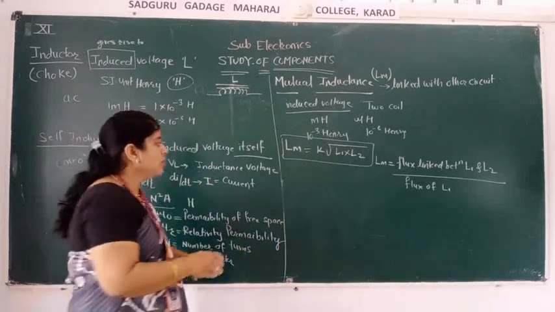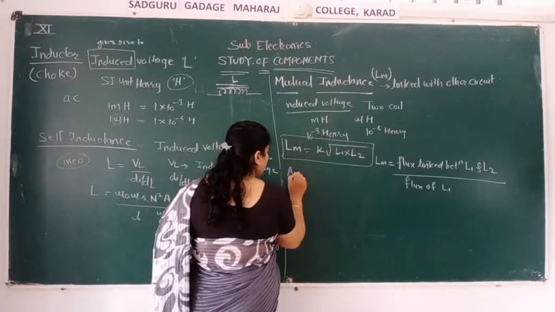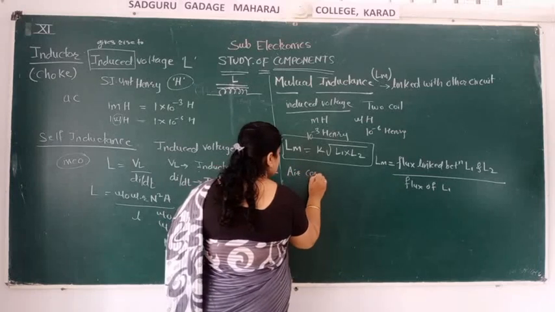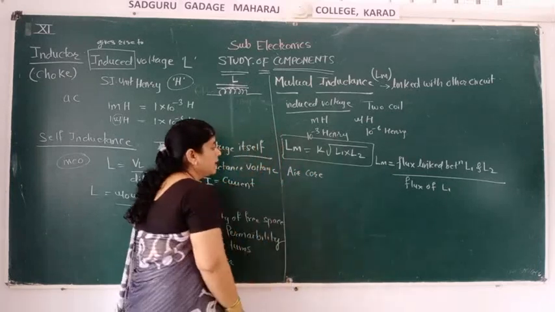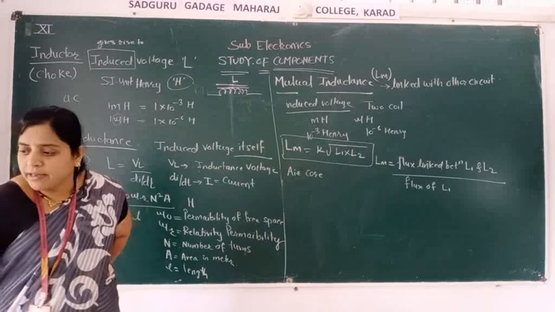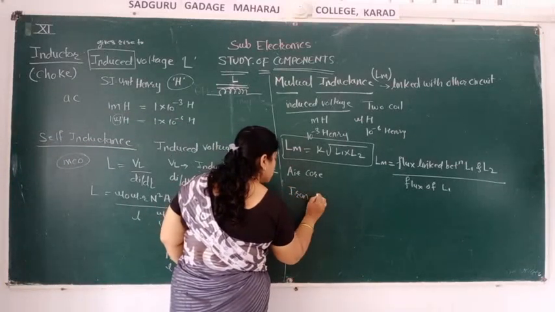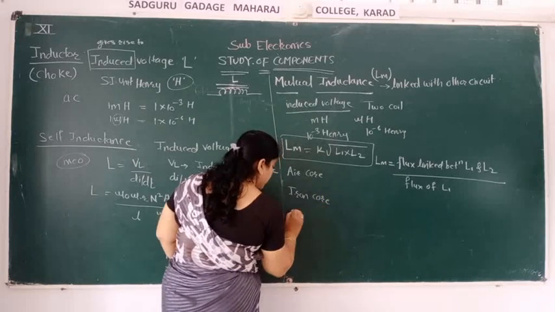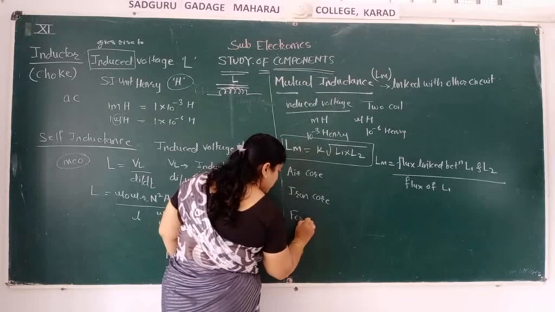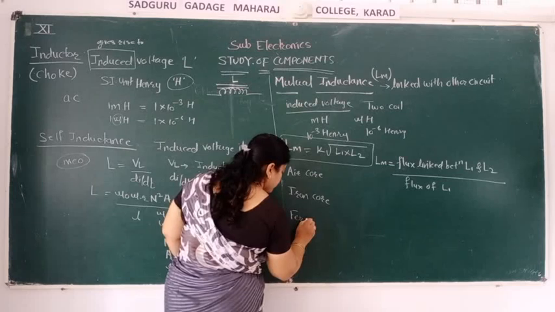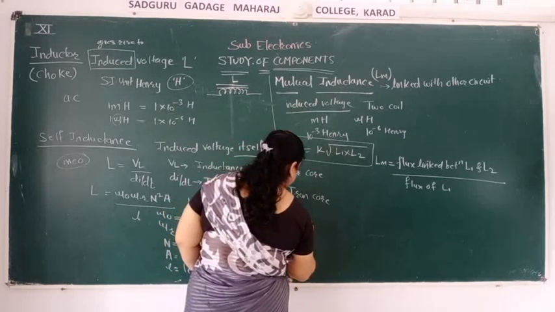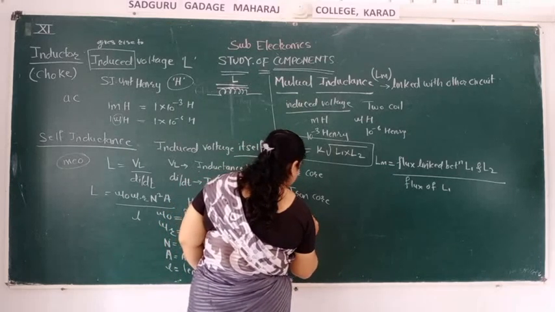The materials are air core, iron core, and ferrite core.